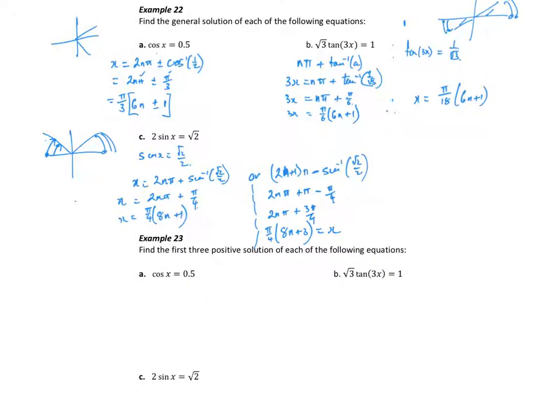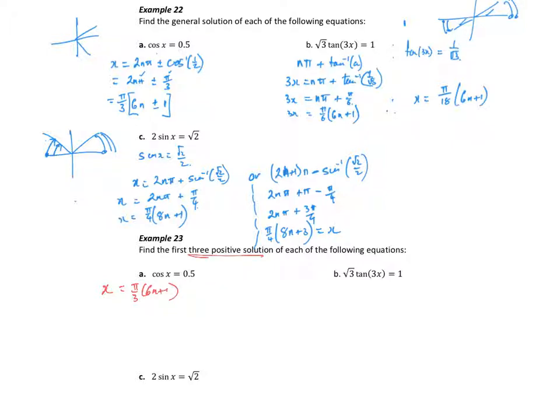So now, if we just see that example 23 really is just a continuation, find the first three positive solutions. So what are the first three positive solutions? Yeah, so now if we want to use these formulas to get some solutions, let's bring them down. So from A, x was equal to pi on 3, 6n plus 1. So I need the first three positive solutions.